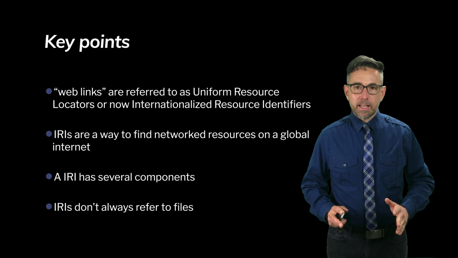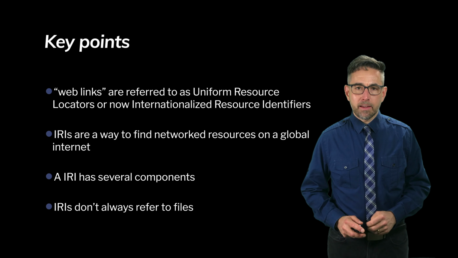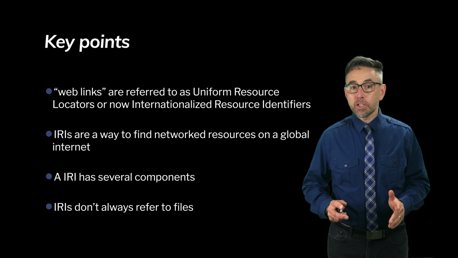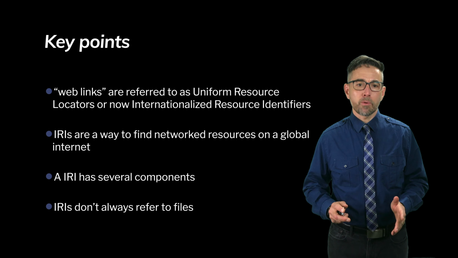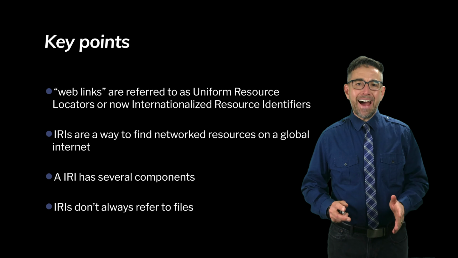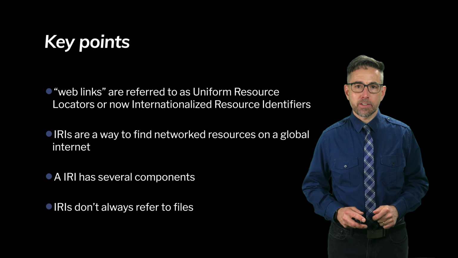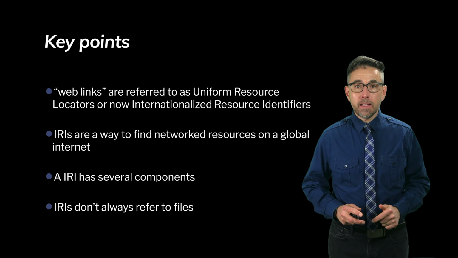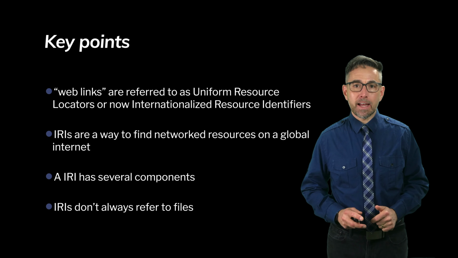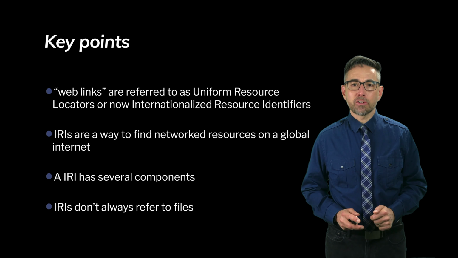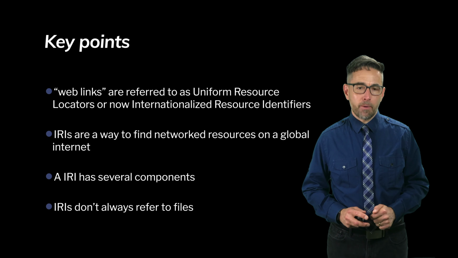Here are the key points that I want you to take away from the lecture today. First of all, the fact that web links, which used to be referred to as uniform resource locators, are now referred to as internationalized resource identifiers. A URL becomes an internationalized resource identifier when you are able to use international characters in that URL.